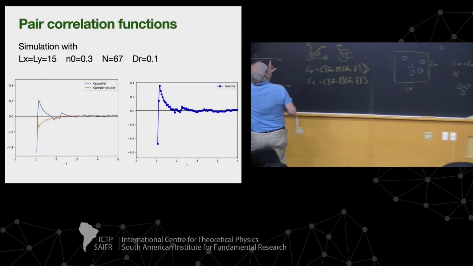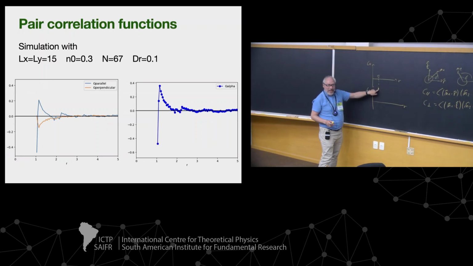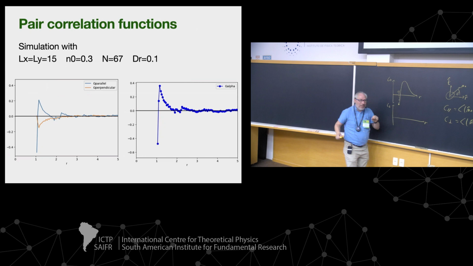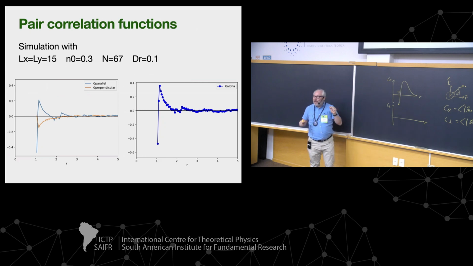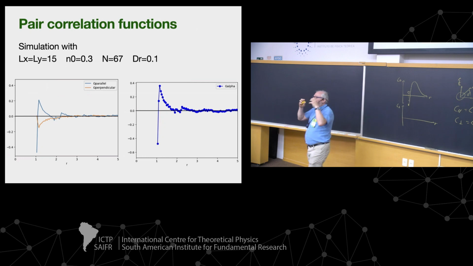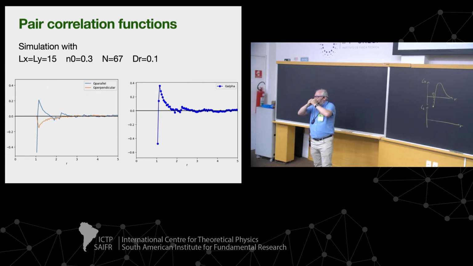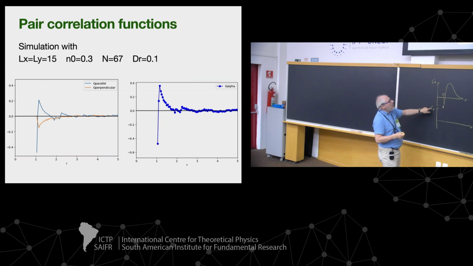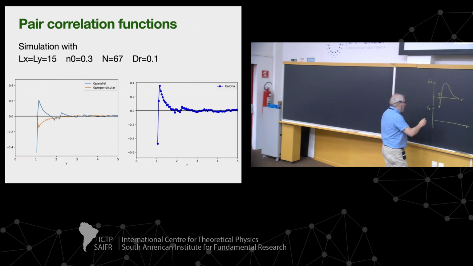The parallel part, as Pablo said, starts like this, but rapidly goes to positive values. This peak here is for all those particles that are exactly at contact, and then the particles that are not exactly at contact tend to move more or less parallel. And C perpendicular is negative.